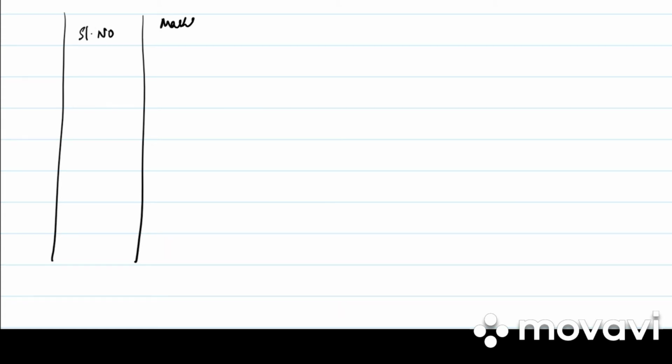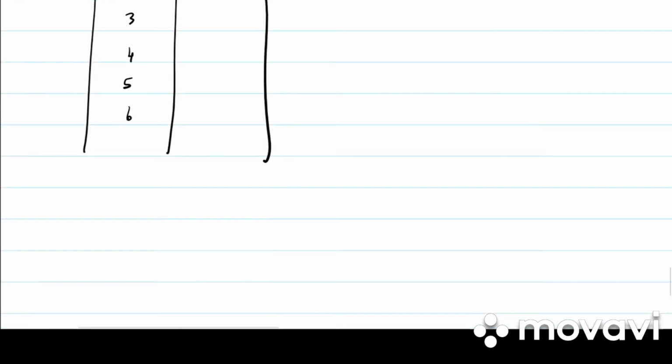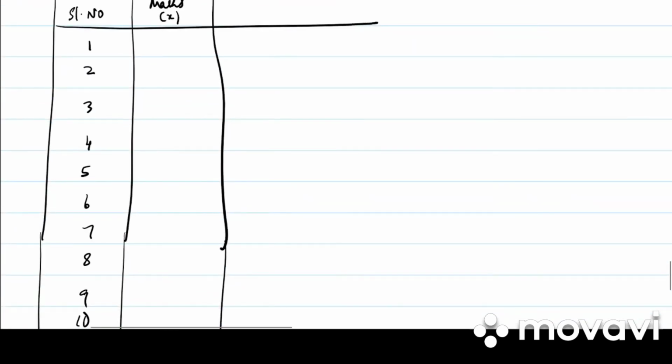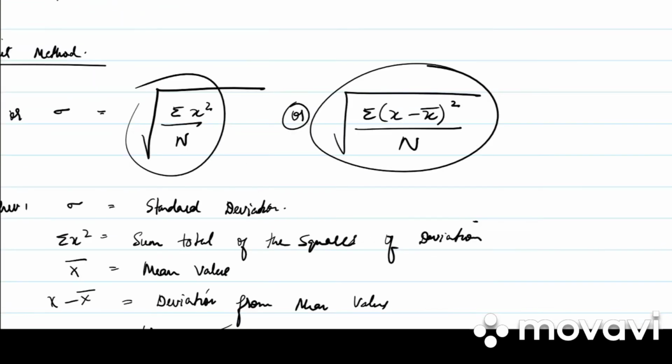Then the marks, that is x. Serial numbers 1, 2, 3, 4, 5, 6, 7, 8, 9, 10. And x is 12, 8, 17, 13, 15, 9, 18, 11, 6 and 1.